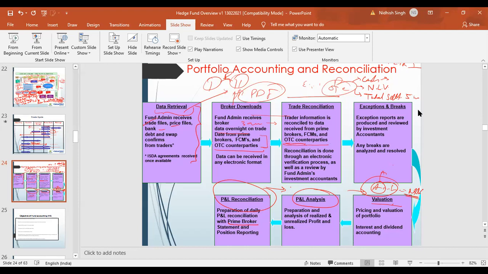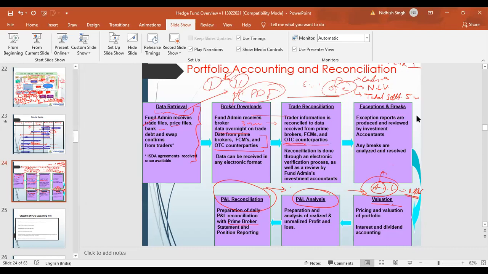Yeah, I think as you say, Nidhish, this is the key point. Everything has to be done in a timely manner, and I think this is where automated reconciliations are already in existence, and we will see more and more of them, because they will eliminate the risk of human errors, if you like.